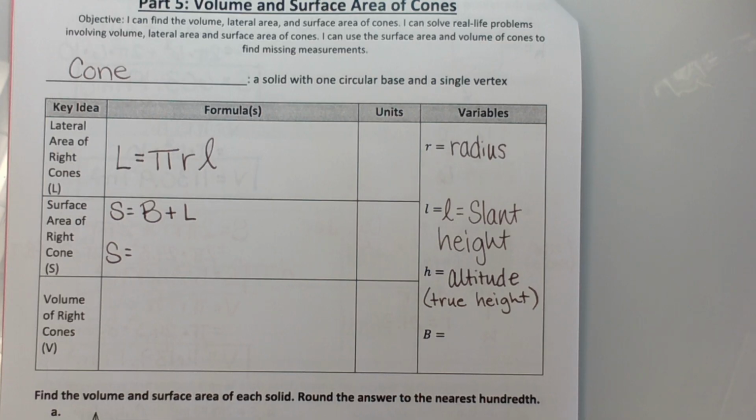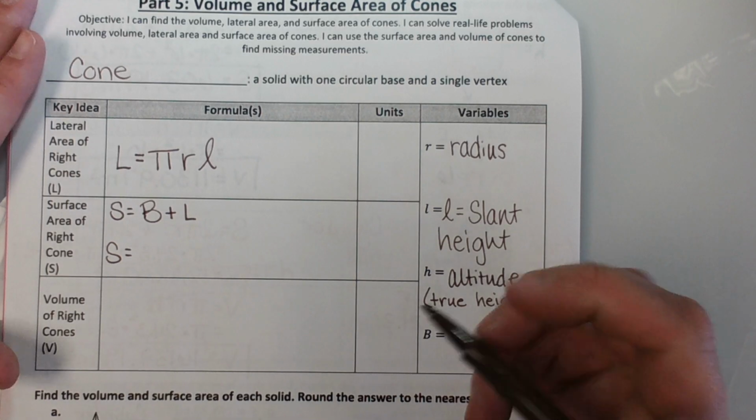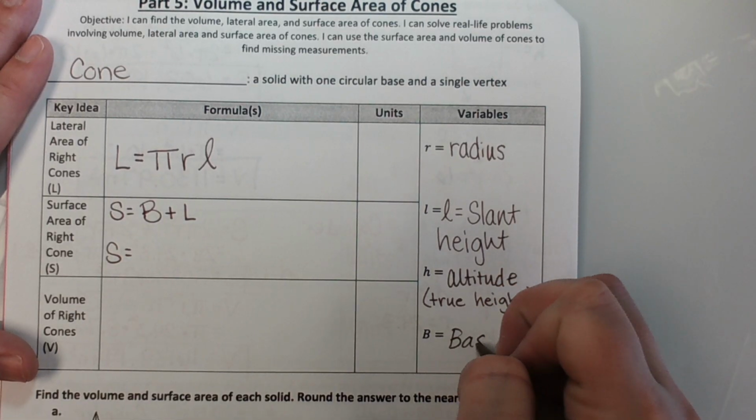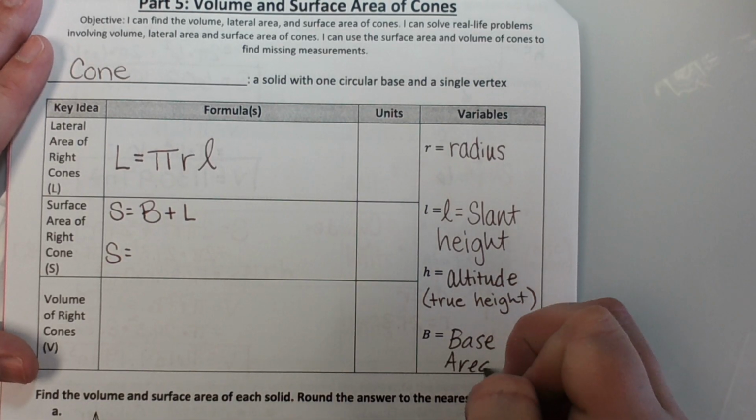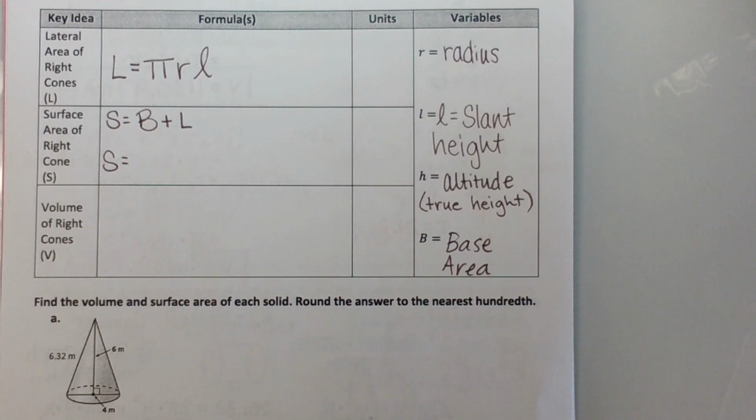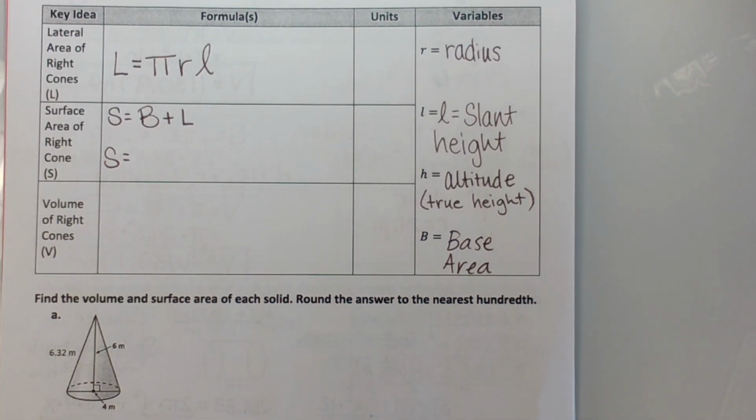which means when I talk about my base area, while I can talk about it as its own thing, most of the time I just use the formula for the area of a circle. How do you find the area of a circle? What's the formula for it?